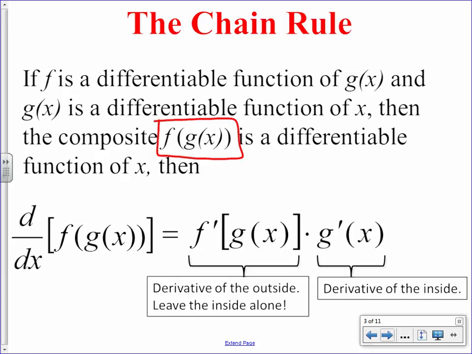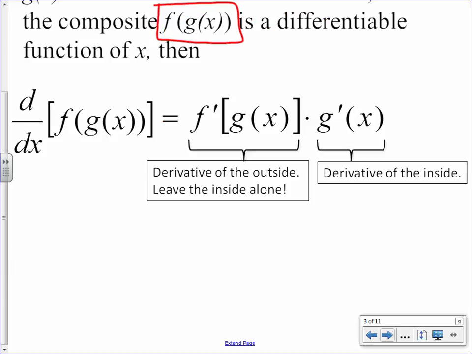So you're going to have to do derivatives a couple times, first with the outside function, then with the inside function. So derivative of the outside times derivative of the inside. It will make more sense when we see an example, but I need you to remember derivative of the outside times derivative of the inside.